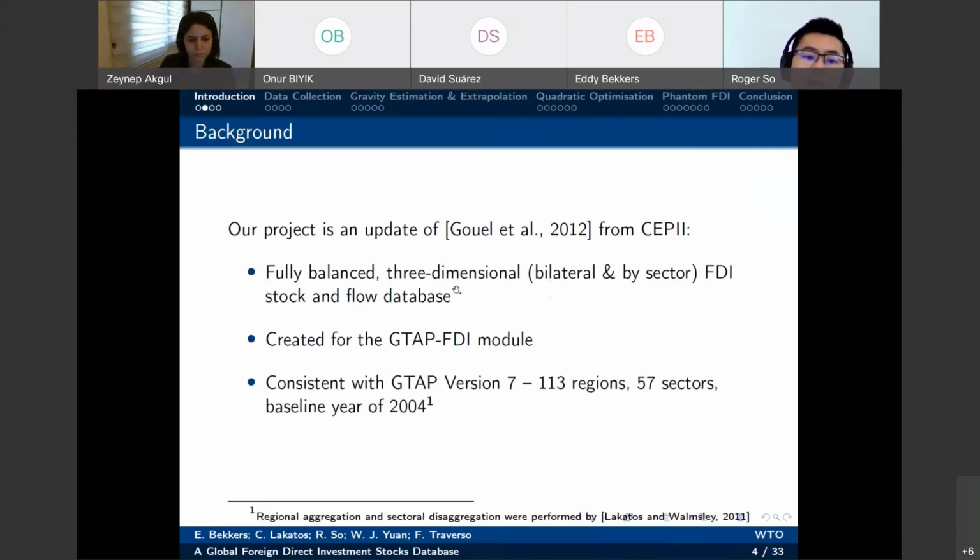They have constructed two databases, one for stock and one for flow, and they're three-dimensional, meaning that the database contains both bilateral and bisector information. And similarly, their databases were designed for the CGE simulation, more specifically the GTAP FDI module, and they're fully consistent with GTAP version 7, which has 113 regions, 57 sectors, and the baseline year of 2004.